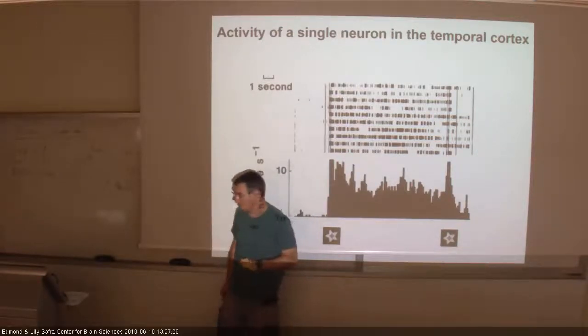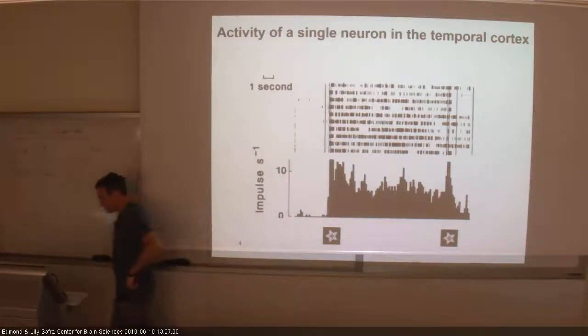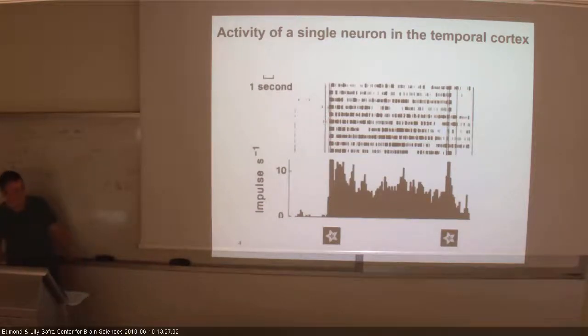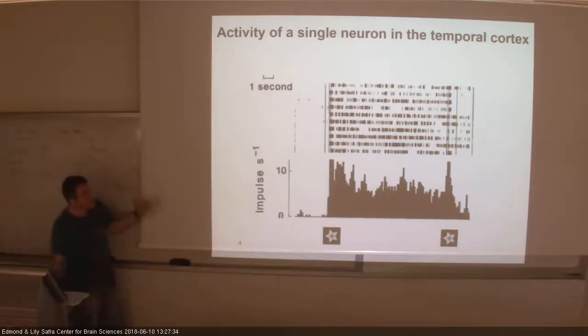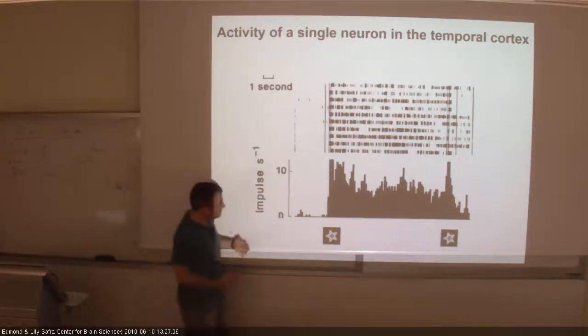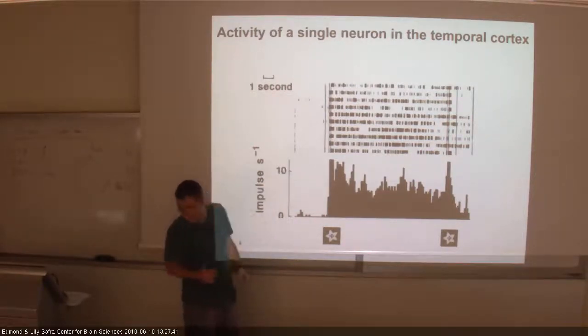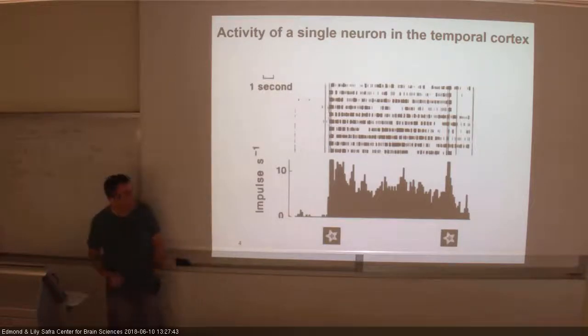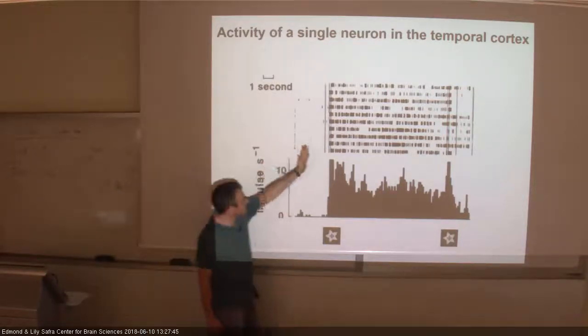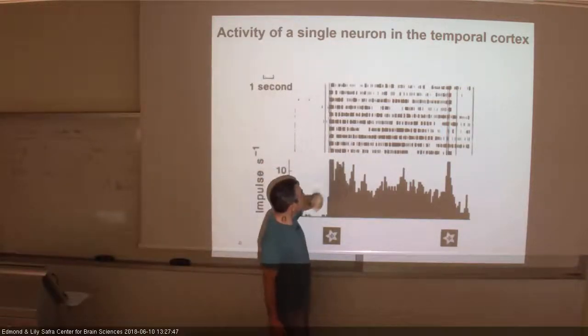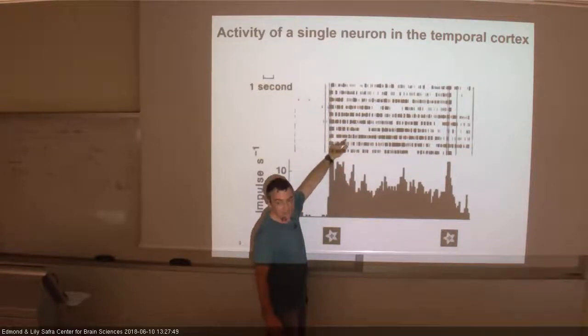And then I will describe a simple model for the generation of action potentials. And we will use these two tools in order to go back and ask how come that activity in the cortex is first irregular and second not exactly reproducible.